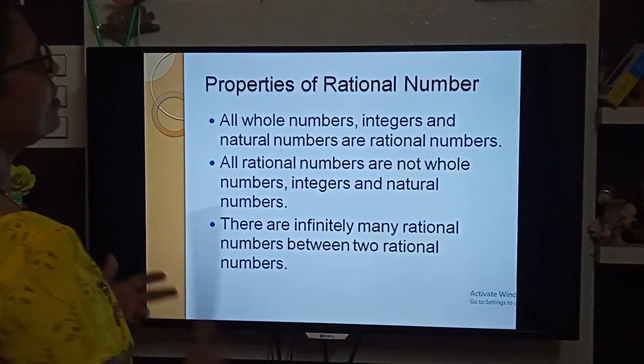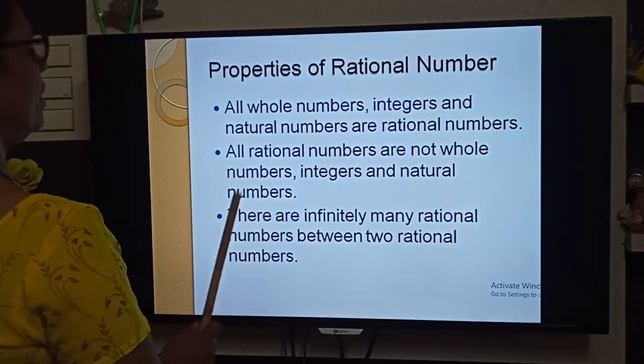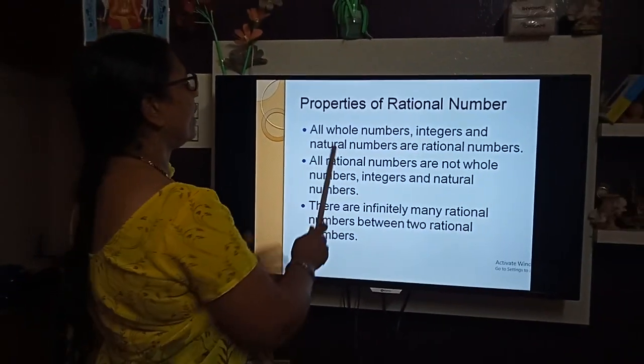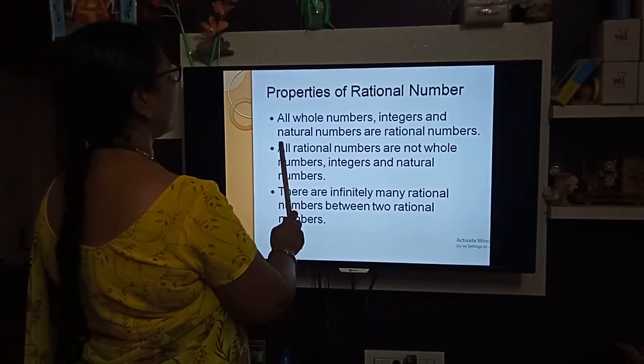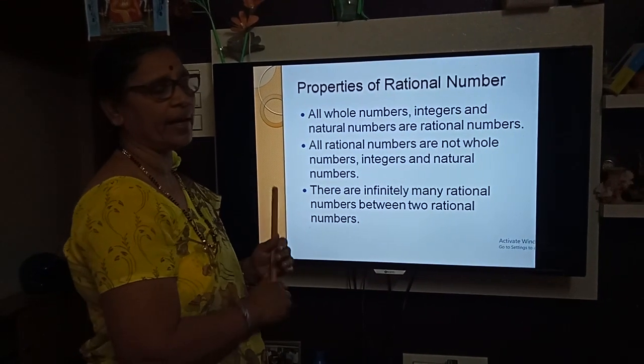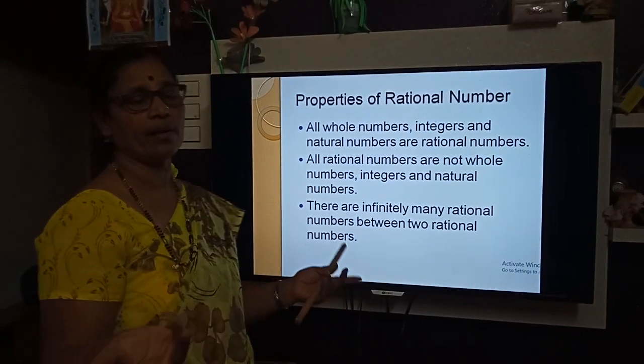All whole numbers, integers and natural numbers are rational numbers. Why do we call them rational numbers? Any numbers like whole numbers, integers and natural numbers, we call them rational numbers because we can write them in the form of p by q by writing their denominator as 1.